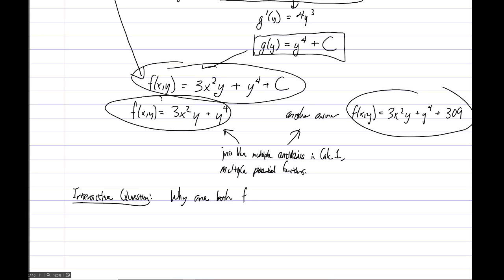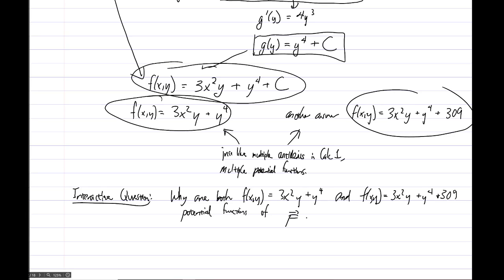Why are both f of x comma y equal to 3x squared y plus y to the fourth, and f of x comma y equals 3x squared y plus y to the fourth plus 309, potential functions of capital F?